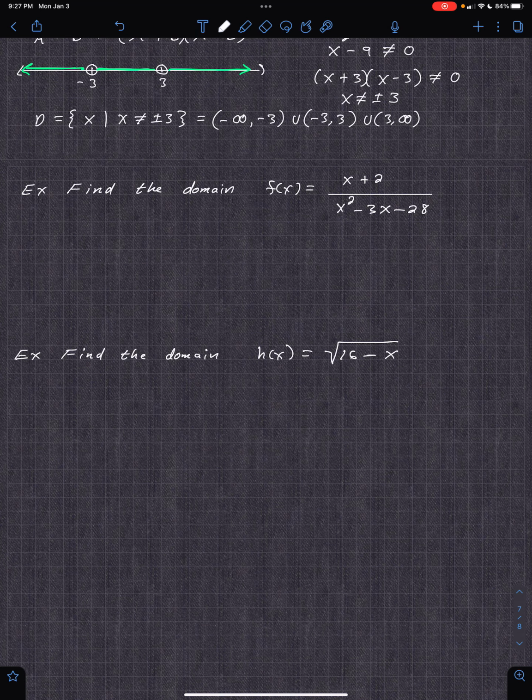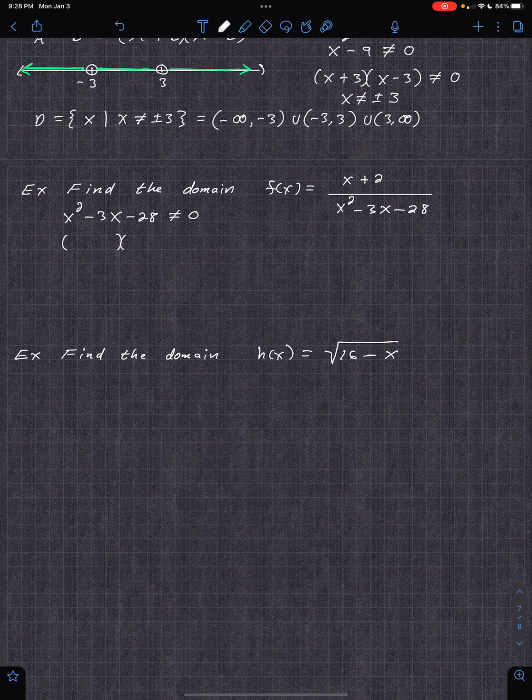Okay, so try both of these, but what would you do for each one of these? Basically, same idea. All we have is that this can't be 0, right? Denominator non-zero, and for radical, this has to be positive. And then you just solve those. So same idea. You have x squared minus 3x minus 28 cannot equal 0, and to solve that, you're basically setting it equal to 0 and solving.